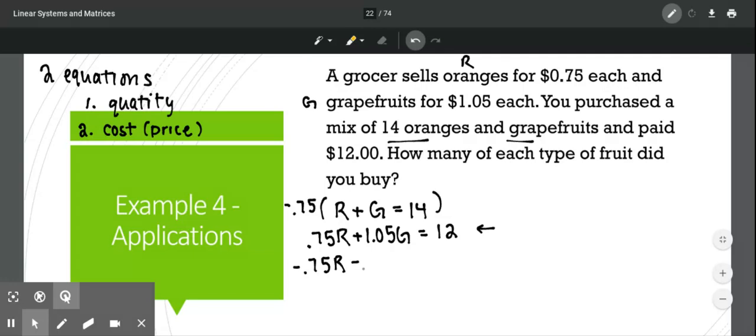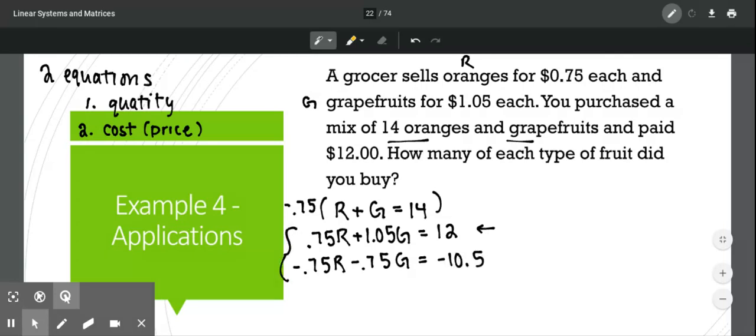Oh no, I'm just distributing this. I was multiplying by the 1.05. So we're going to have minus 0.75G equals, and when you do 14 times 0.75, you get minus 10.5.